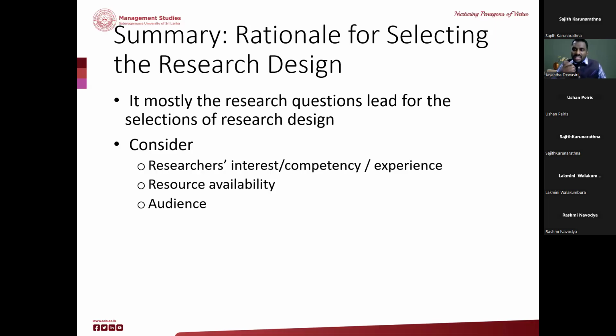But researchers in the world select a particular design based on their interests, competencies, experiences as highlighted earlier, resource availability, and the audience. My suggestion is to select the design without considering the secondary factors, but based on the nature of the research problem. If you can select a particular design that way, that would be most appropriate.